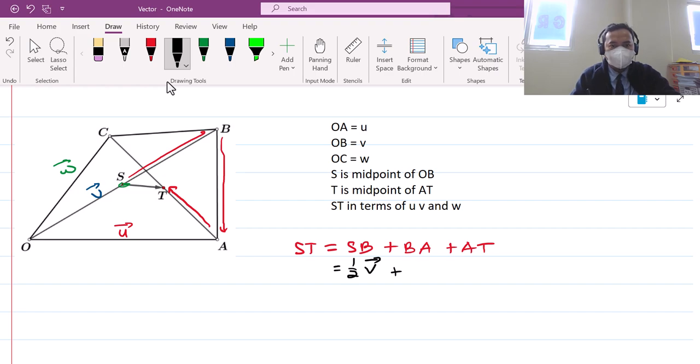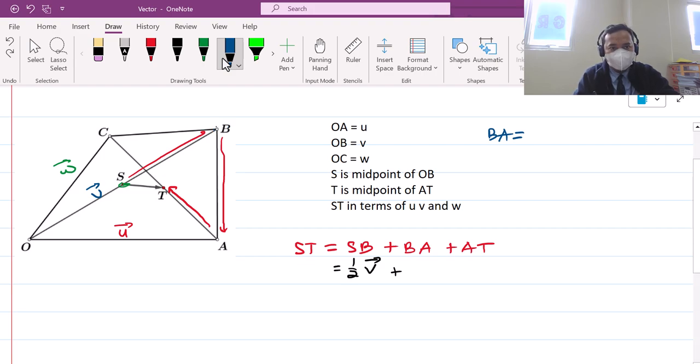The second one is BA. Now BA doesn't consist of W, V, and U directly, but we can create a path. So I'm going to break that down. BA is equal to, again, we can create a path. I can go from B to A, but because I don't know that, I need to find another way.